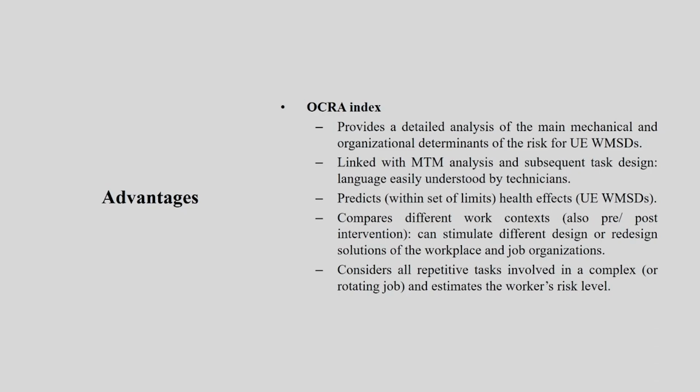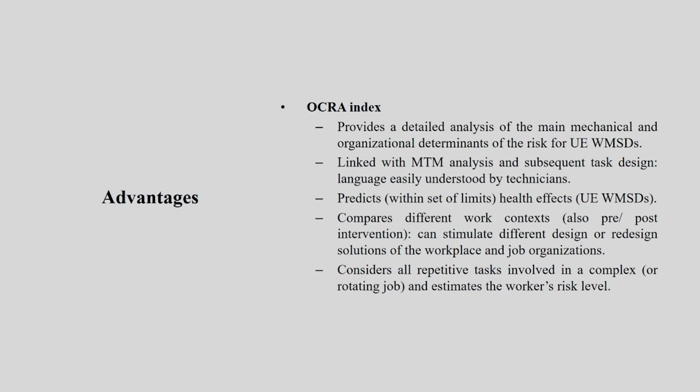It is linked with your MTM analysis, motion time measurement analysis, and subsequent task design. The language is very easily understood by the technician. Anyone who has a basic idea of musculoskeletal disorders, basic risk factors, and any kind of time study and motion study can easily understand this tool and perform it.